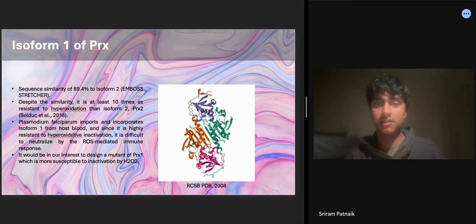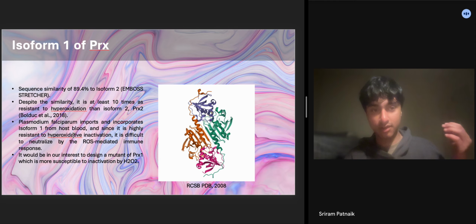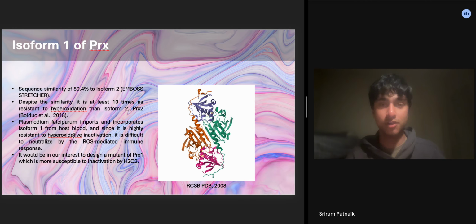And because it is highly resistant to hyperoxidation by the peroxides, it is unable to be affected by the immune response of the host, which is led by peroxides. So that's one of the drawbacks of being resistant to H2O2-mediated hyperoxidation. And it would be in our best interest to design a mutant of PRX1 that is more susceptible to inactivation by these peroxides.